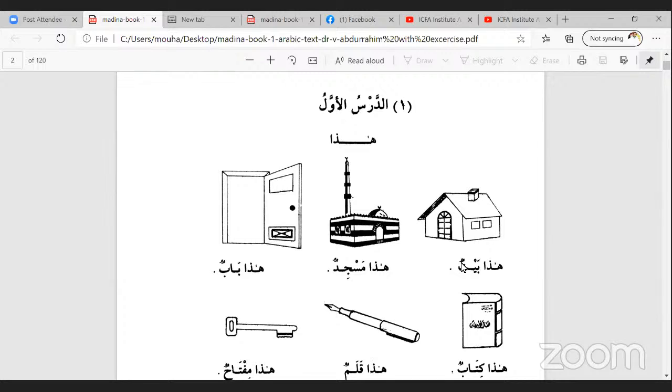Hadha baytun. So this tanween tells us that baytun is indefinite. So tanween represents a. Hadha baytun. This is a house.